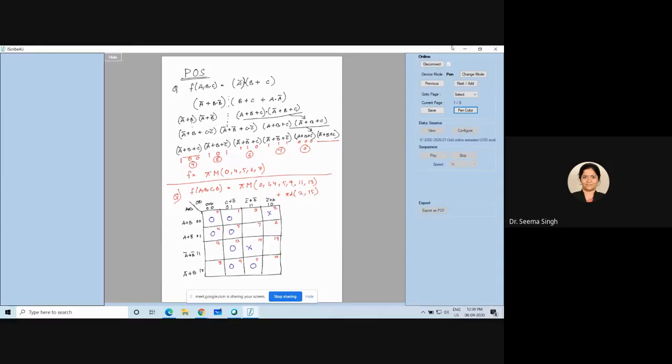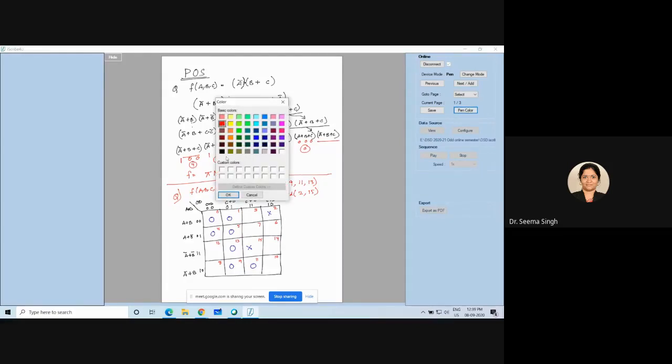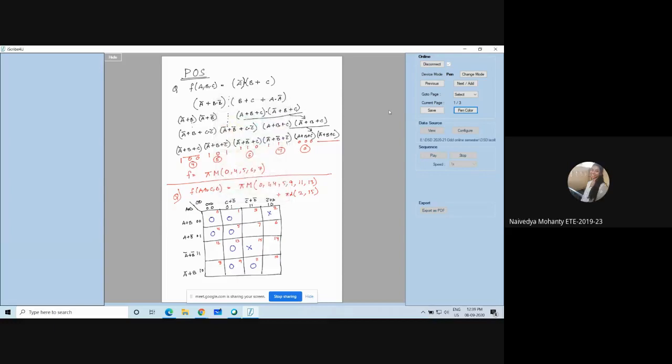Now let us do the grouping. How many groups will you get? 2 groups. I am making two groups. It is same as our previous question, right? But you will see the change because of the notation only. So these are my 2 groups, right?